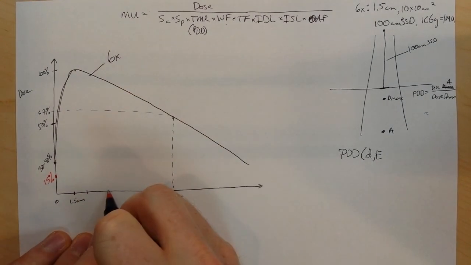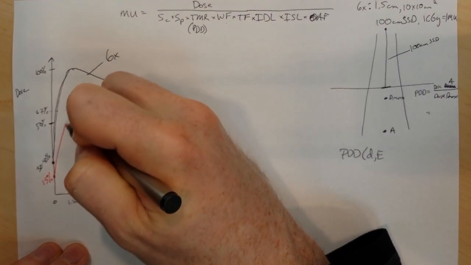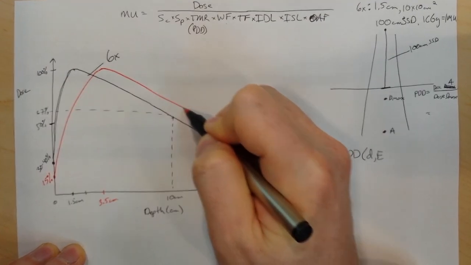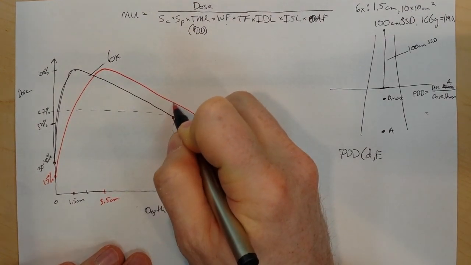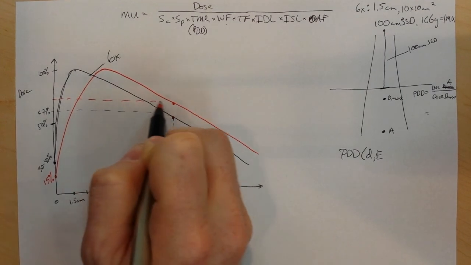My max dose is going to be at 3.5 centimeters. My depth dose at 10 centimeters deep is going to be 78%.